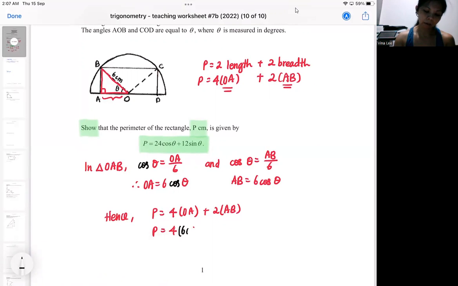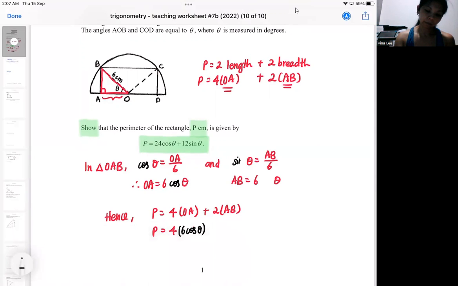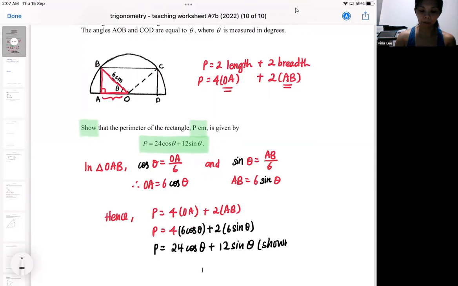So I will get 6 cosine theta. When I don't get 24 cosine theta, I know that something is wrong. So that means this part should be a sine because it's opposite. So I will get twice 6 sine theta. So this is how you show the parameter.